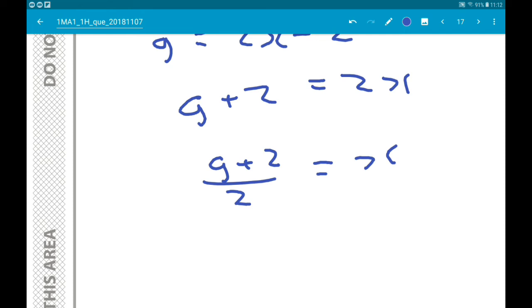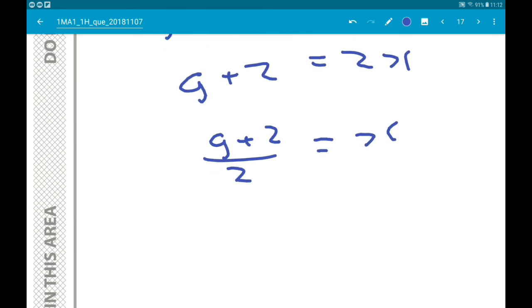Now what happens is the x and g swap places, and g is now the inverse g function. So we get x add 2 all over 2 is equal to inverse g.